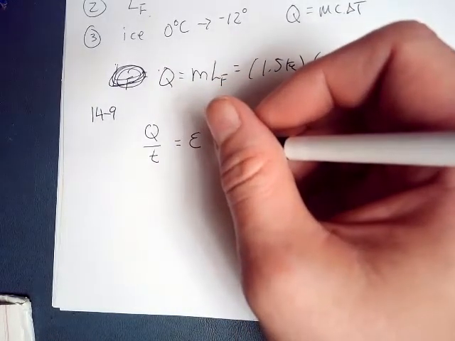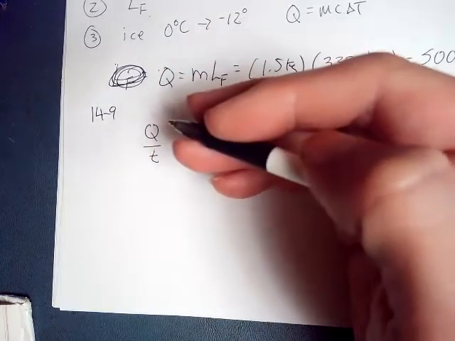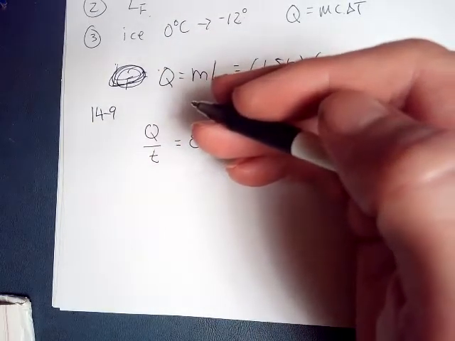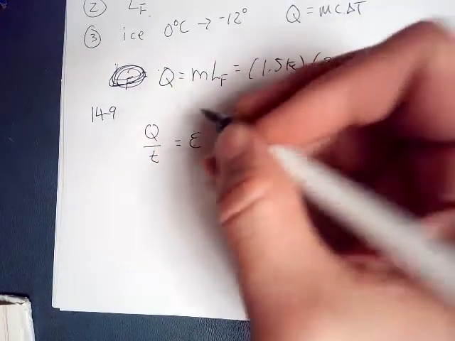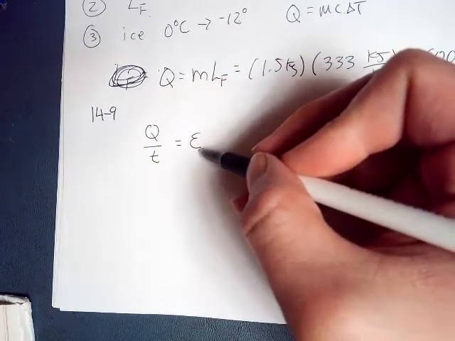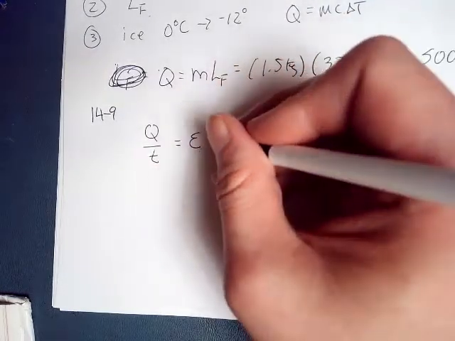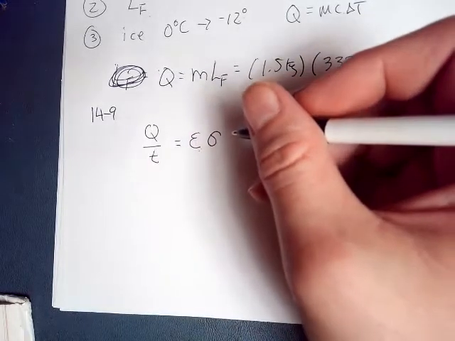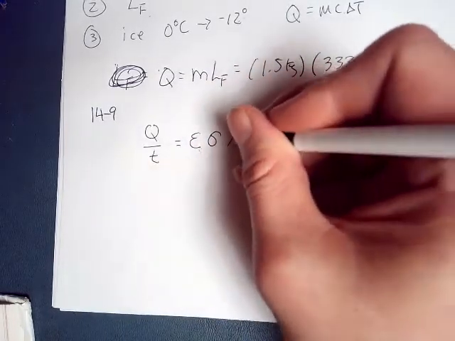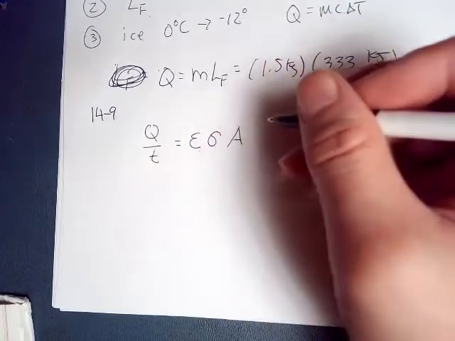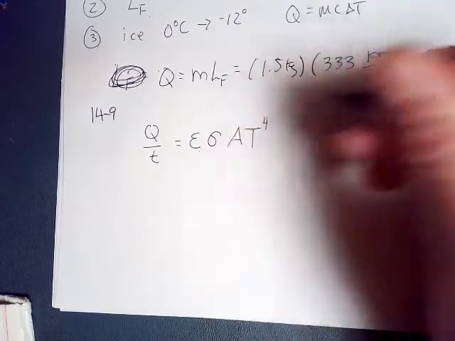Now that's basically how absorbing or reflecting an item is. So a very absorbing object, this is equal to 1, meaning it's the full value, and then it goes down to 0 for something that's completely reflective, times sigma, which is the Stefan-Boltzmann constant, the area, that's emitting or absorbing, and then temperature to the fourth power.